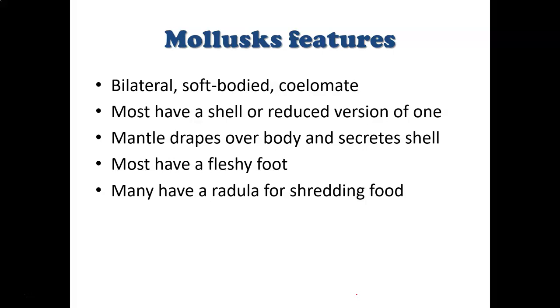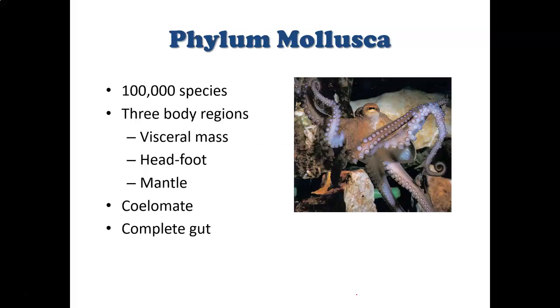And at face value, they don't seem to have a lot in common. But the 3 things that they all do have in common is they all have a visceral mass, which is like a bag of guts, a muscular organ that's either the head or the foot, and they have a tissue called the mantle. Right? The mantle is a tissue that's unique to the mollusks, and it's a tissue that secretes the shell. Even mollusks that don't have a shell will have the mantle.